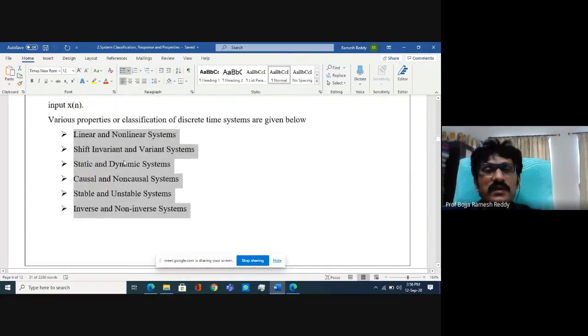In general, that good system must be a linear shift invariant system, and a dynamic system, and we need to design causal systems and stable systems. Finally, we'll see inverse and non-inverse systems. Sometimes there are advantages for inverse systems, sometimes for non-inverse systems also.